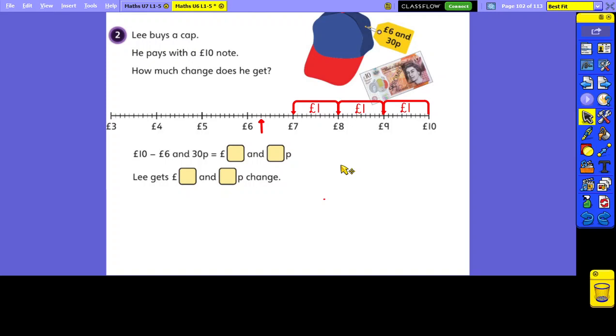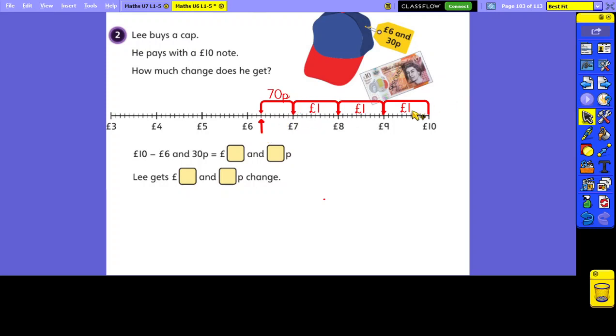So my little jump now is actually going to be of 70p. And just to show you, I'm just going to move that 70 out of the way. If you count with me from here in tens, it's 10, 20, 30, 40, 50, 60 and 70. So if I take away 1, 2, £3 and 70 pence, I get to the cost of the cap, which is £6.30.